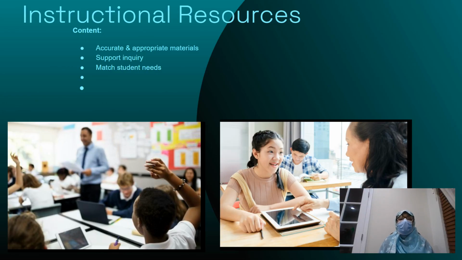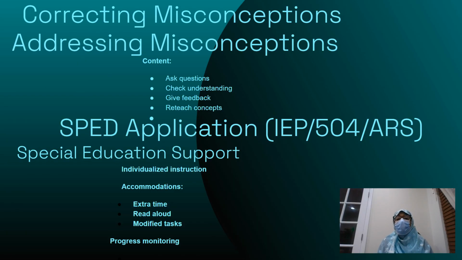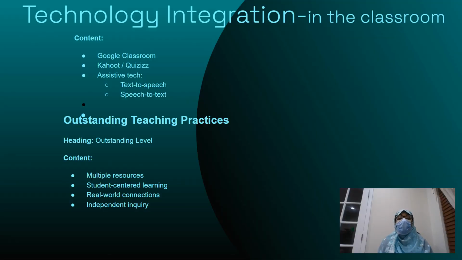And then resources, instructional resources. It could be that we are using learning experience through resources, accurate and appropriate materials that support inquiry, math, student needs. Depending on the student need, we would be providing to them.